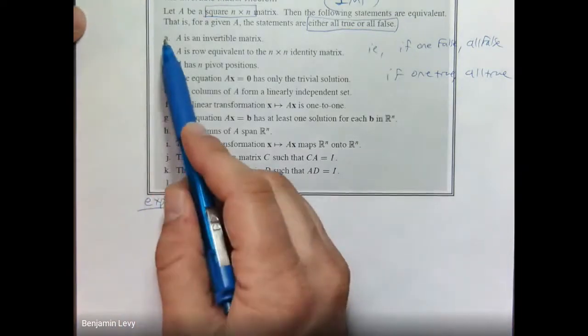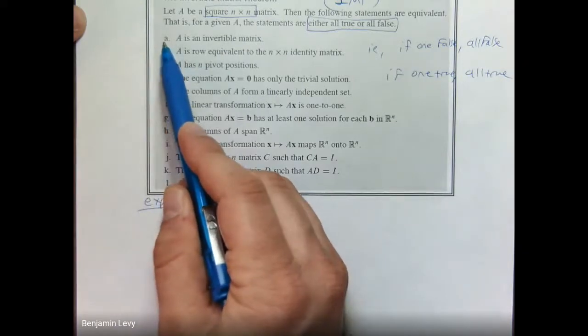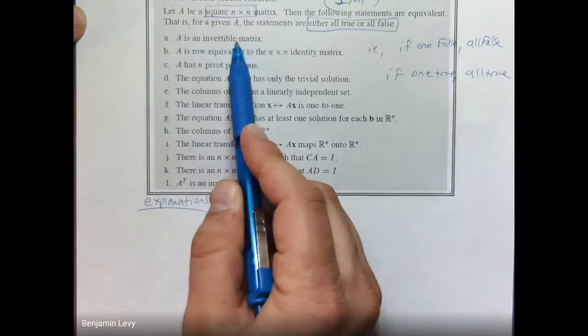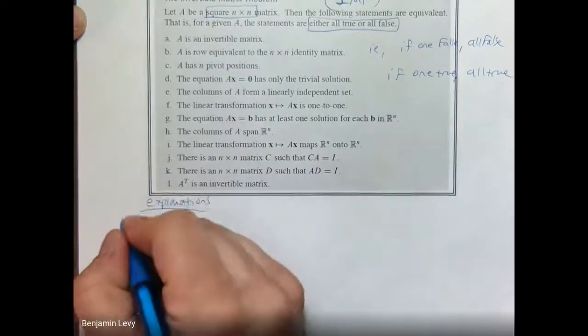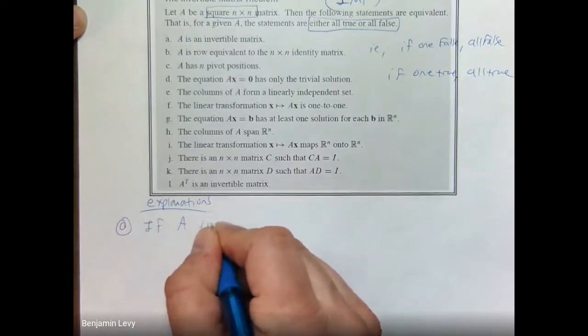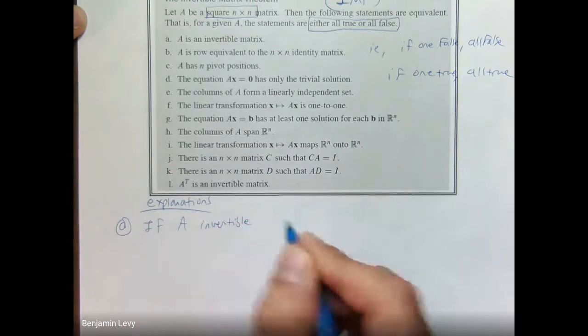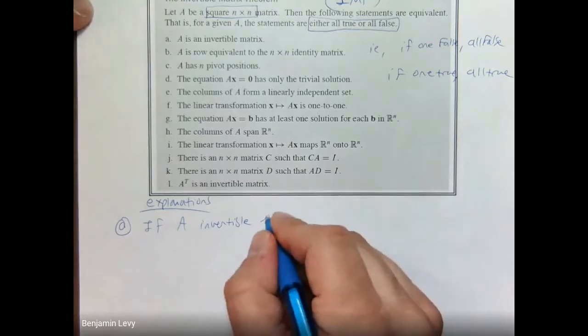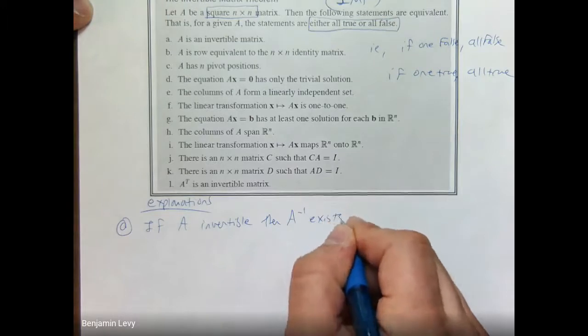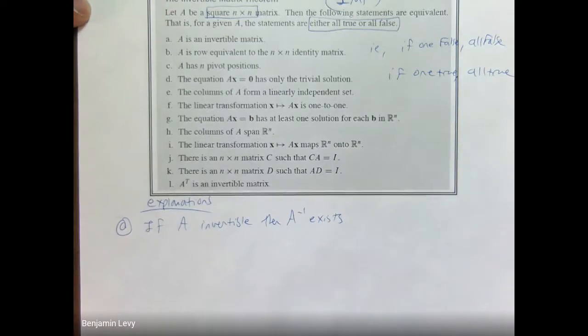Part A says that if the matrix A is invertible, then all these other things are true. So if a matrix A is invertible, by definition, that means the inverse exists. If we know the inverse exists, by definition, the inverse, A to the minus 1, is something you can multiply by A to get the identity matrix.